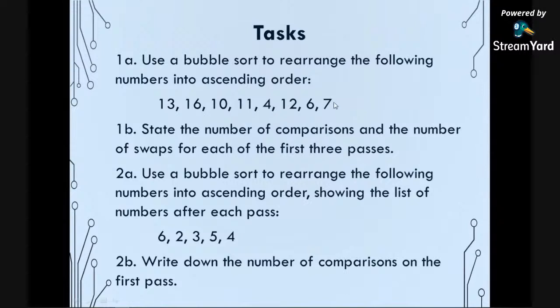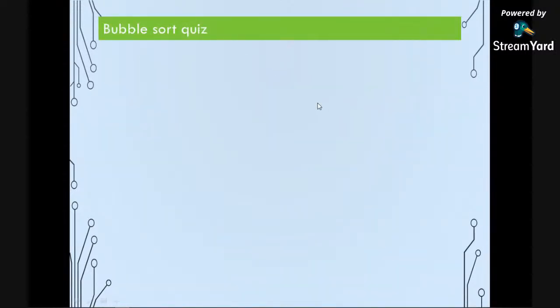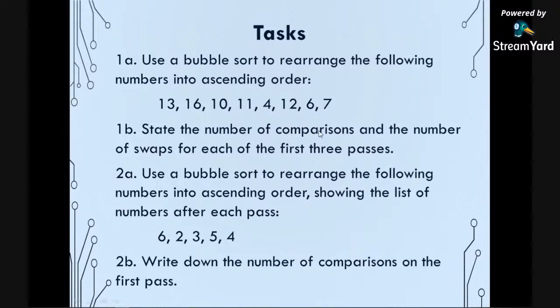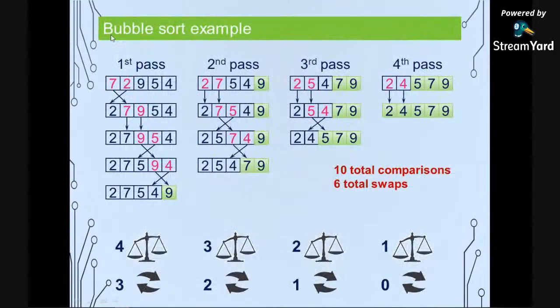Okay. So what I would like you to do is to use a bubble sort to rearrange these numbers into ascending order. So 13, 16, 10, 11, etc. Oh, let me go back. And state the number of comparisons and the number of swaps for each of the first 3 passes. So a reminder of what a pass is.